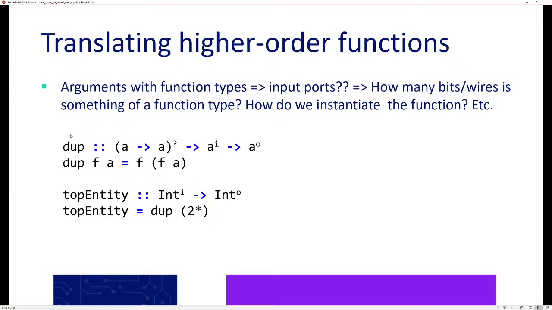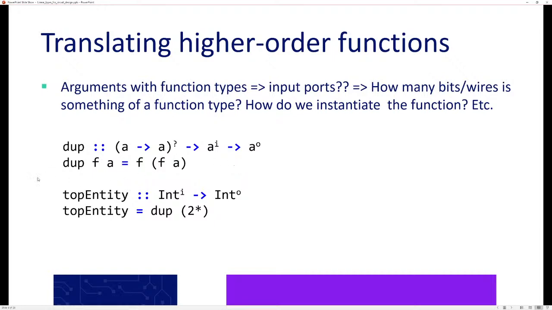So one of the problems that we have is, of course, higher order functions, because we said arguments map to input ports. But what if we have arguments with a function type? How many bits does this function require, aside from the fact that currently it's polymorphic? But let's assume it was monomorphic, right? How do we translate application? Because we don't really have something to instantiate, right?